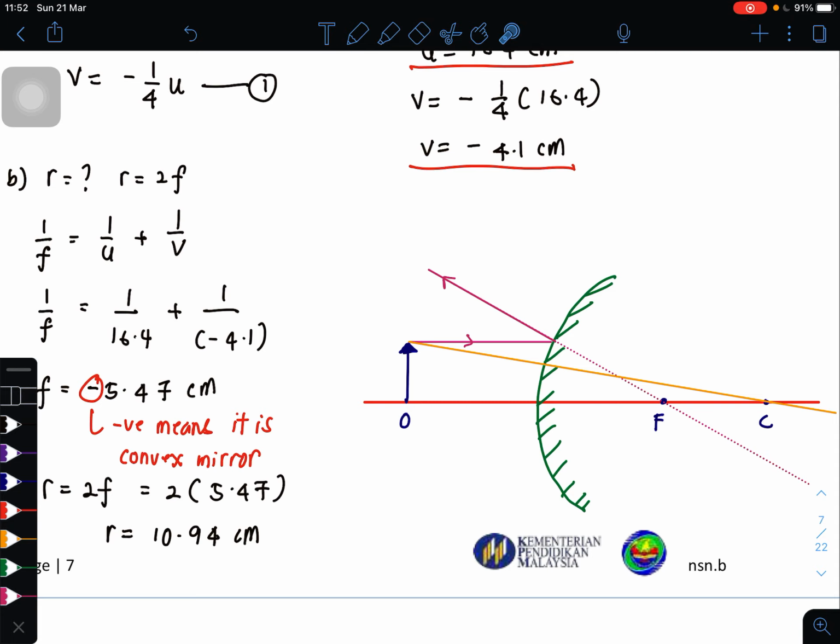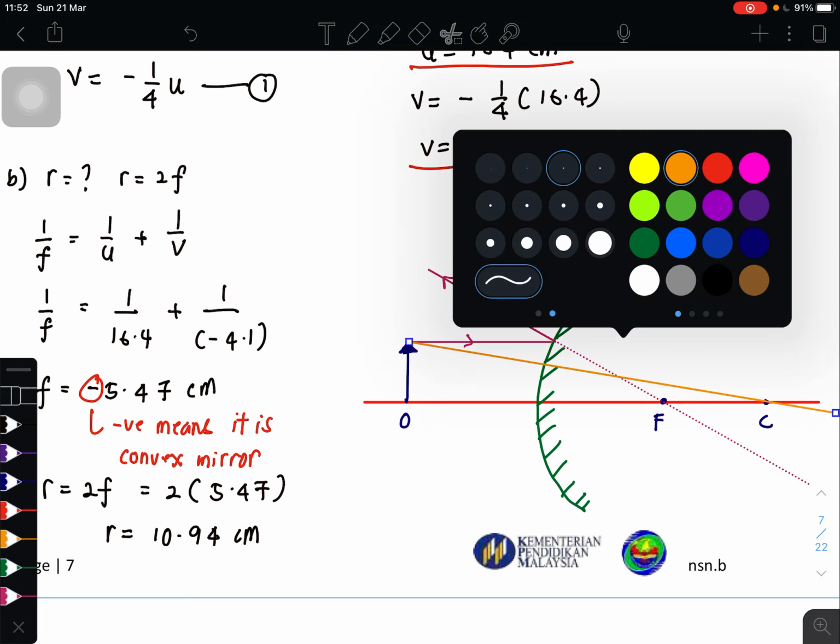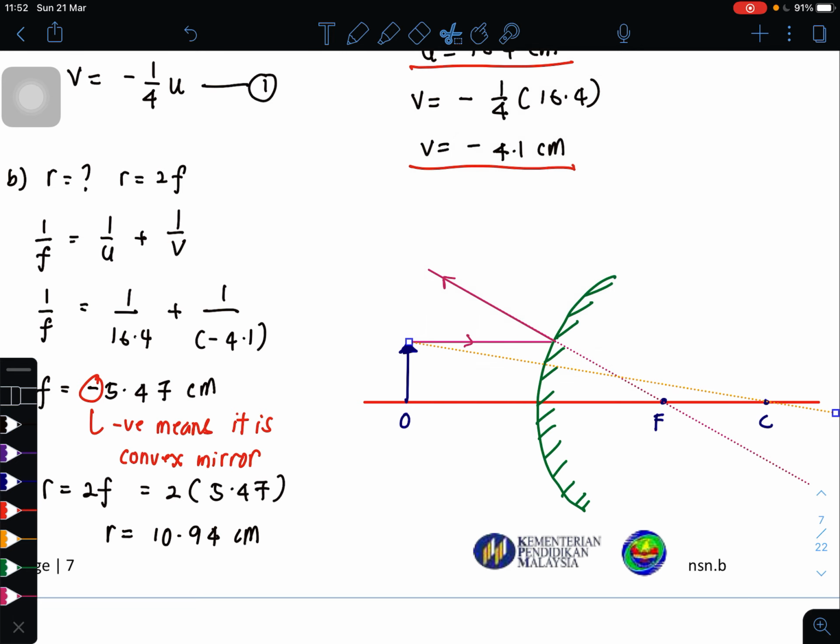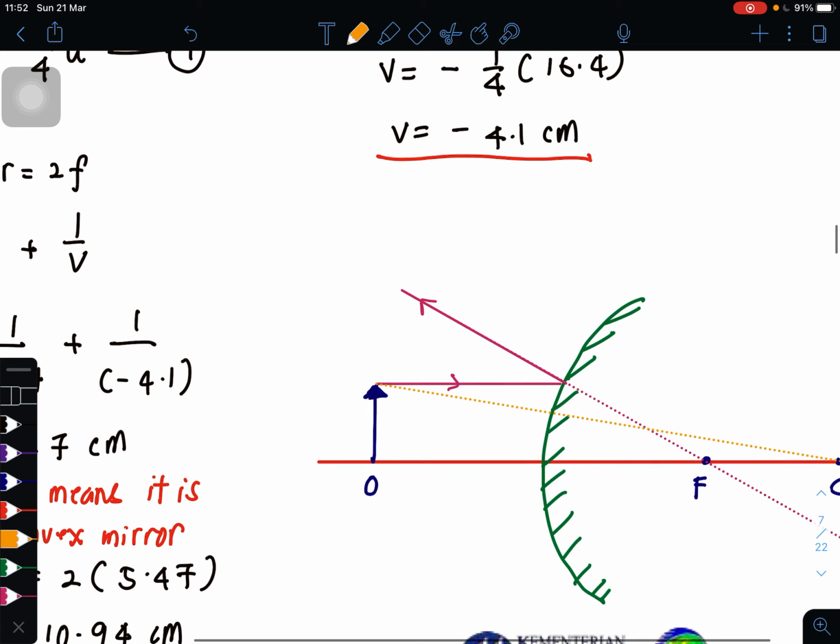Remember at the back it must be a dotted line. So change it to a dotted line, but at the front it will be a full line. So it goes to the mirror and then it reflects back.